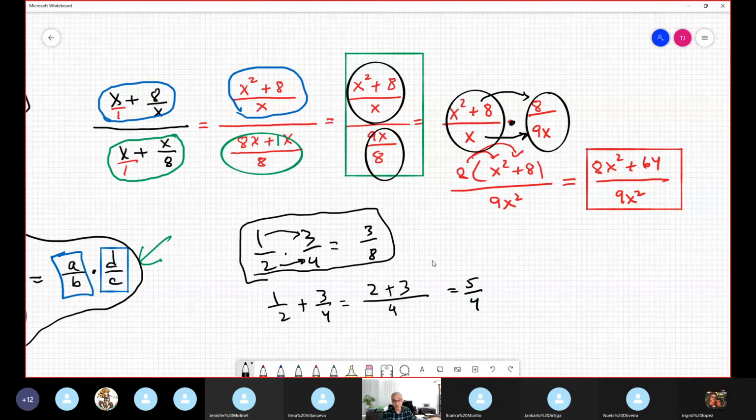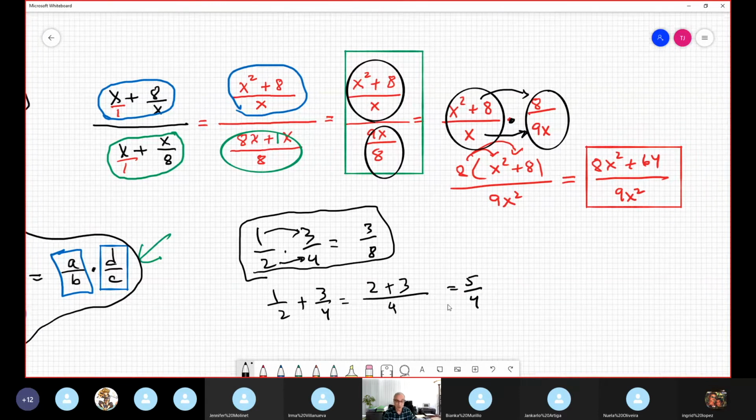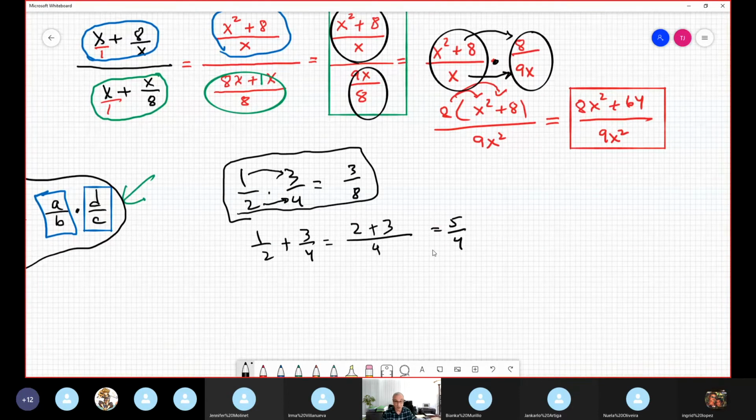I don't care if we have different denominators. Addition or subtraction, no. It's picky. You need to find the LCD. Actually, some people prefer to express this fraction and this fraction using the same denominator.